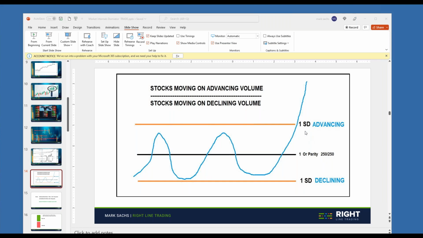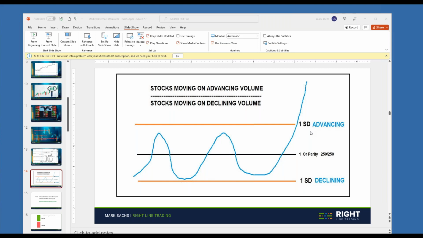Half the stocks are moving on up volume, half are moving on down volume. Now, as we start moving up, we're going to get a disproportionate number of stocks moving on up volume. But let's say the ratio is 300 to 200.